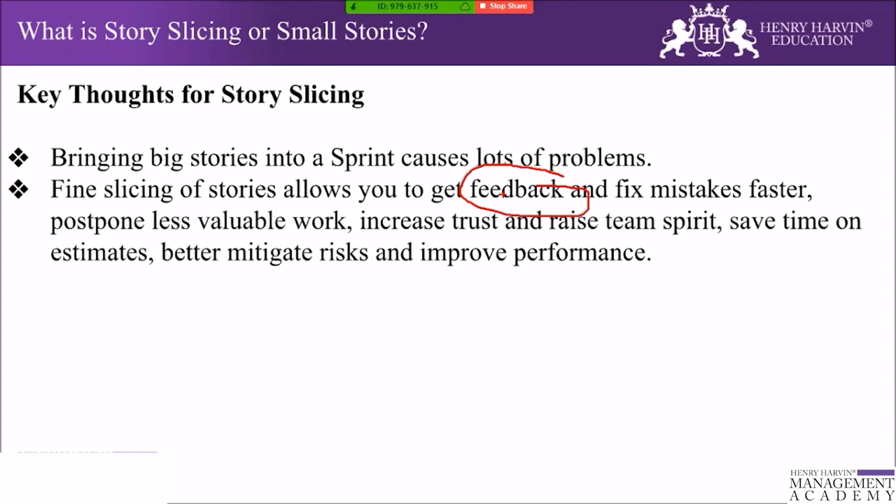If two people work half the iteration on that big story, it is quite possible that you will give the story to the testers in the first half of the sprint, so that if any surprises come up at the time of testing, the team has ample time to resolve the defects or bugs.